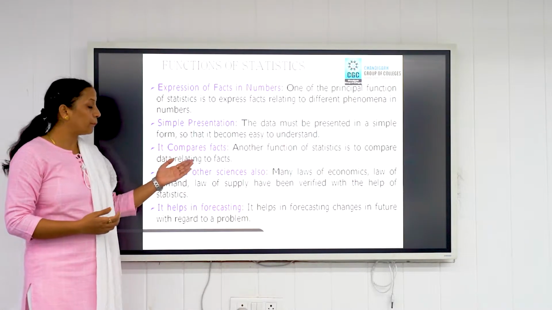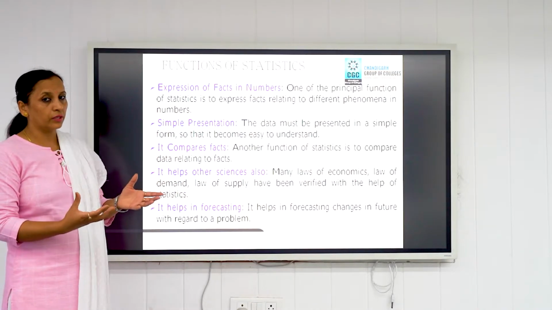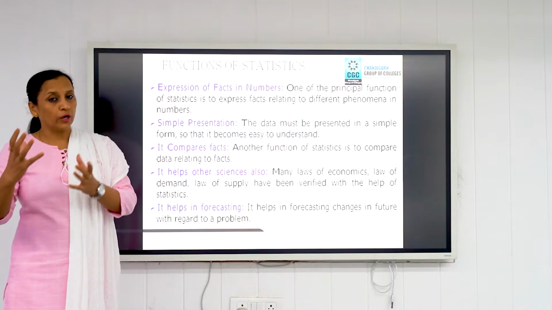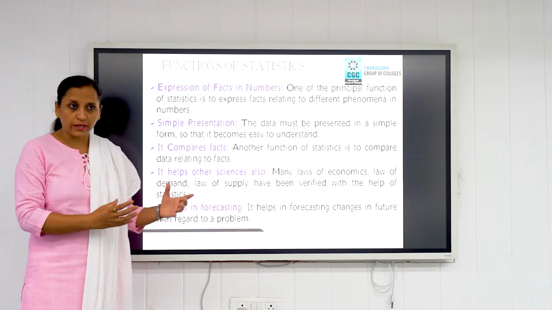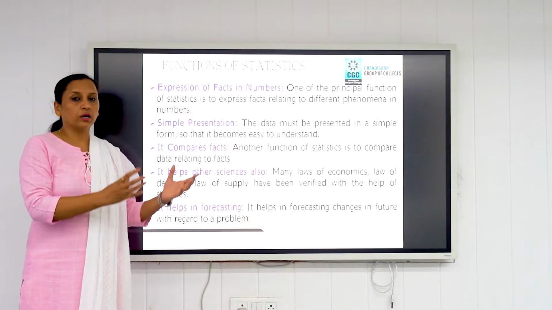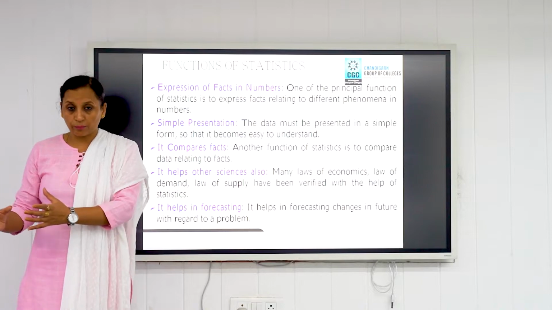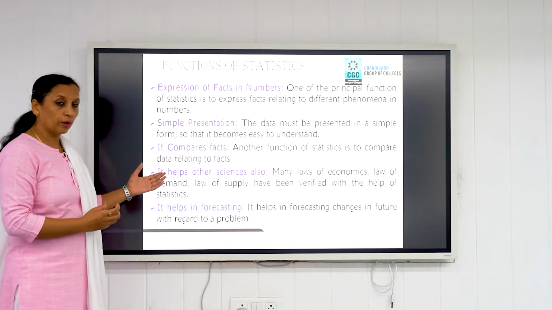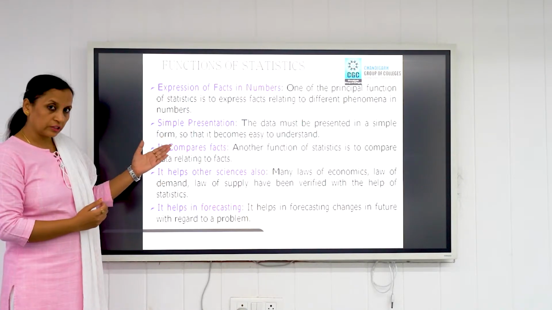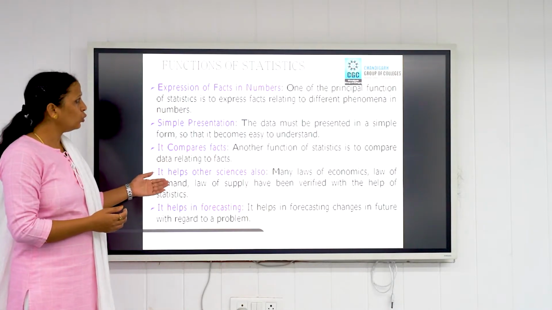Then it compares facts. Another function of statistic is to compare one data with another data. Suppose we collect the data of a particular company and compare it with another company's data, so we can compare the data in statistical form. Then it helps other sciences also.